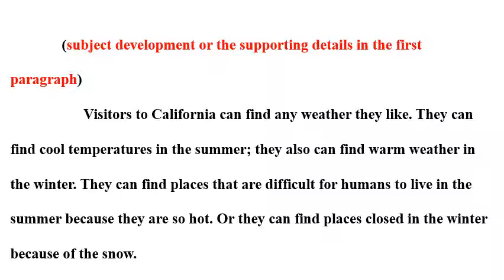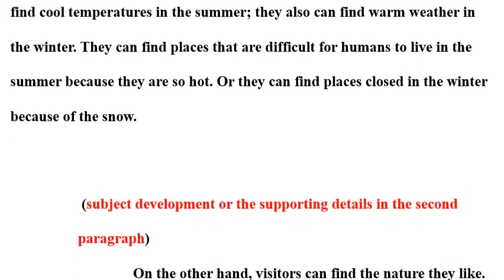They can find places that are difficult for humans to live in the summer because they are so hot, or they can find places closed in the winter because of the snow. So these are the supporting details for the first paragraph, which is about the weather.